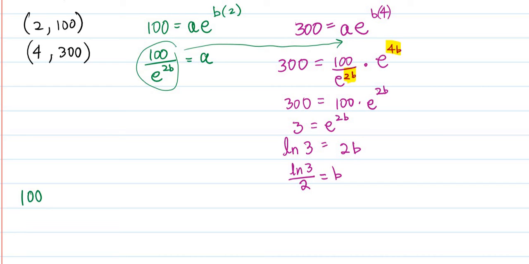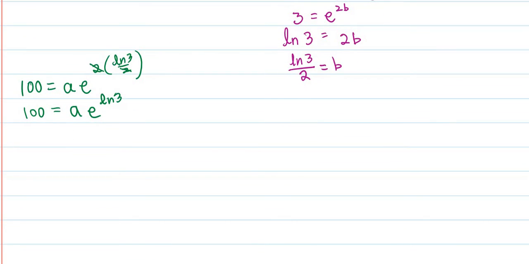So we have 100 equals, we're going to leave a as a, because again, now we're solving for a. We know what b is, but we're solving for a. e to the 2 times natural log of 3 over 2 power. What happens to those? They disappear. So you have 100 equals a e to the natural log of 3.